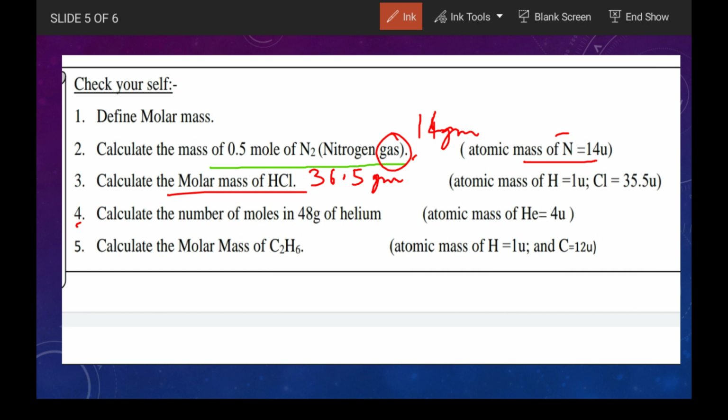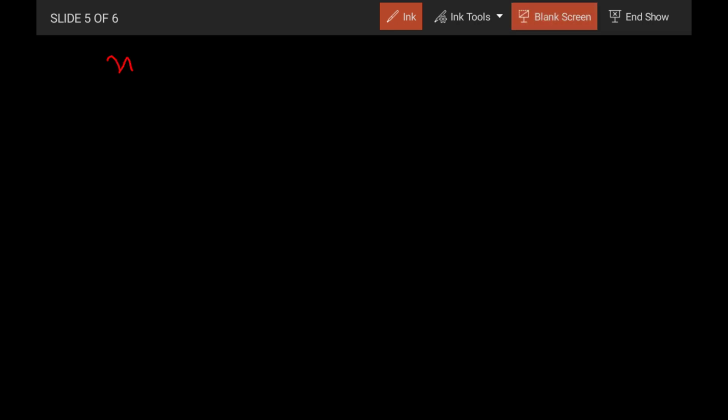Now I'll do question number 4. Calculate the number of moles in 48 gram of helium. The atomic mass of helium is given for you, and we have to calculate n, and what is being given is small m. m is 48 grams, and capital M is of helium, that is 4 u, we'll say 4 gram in case of molar mass.